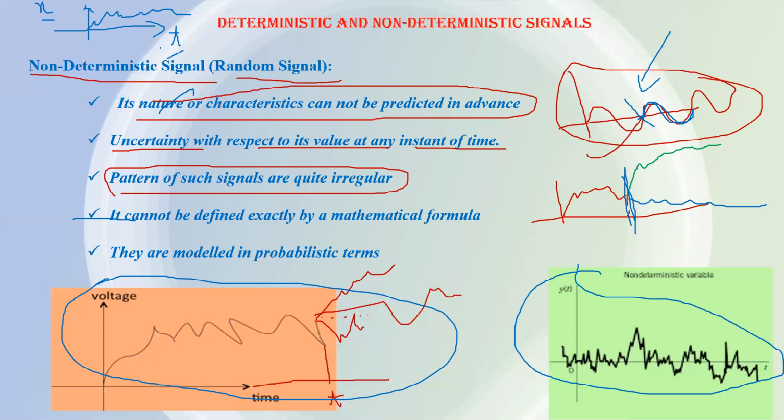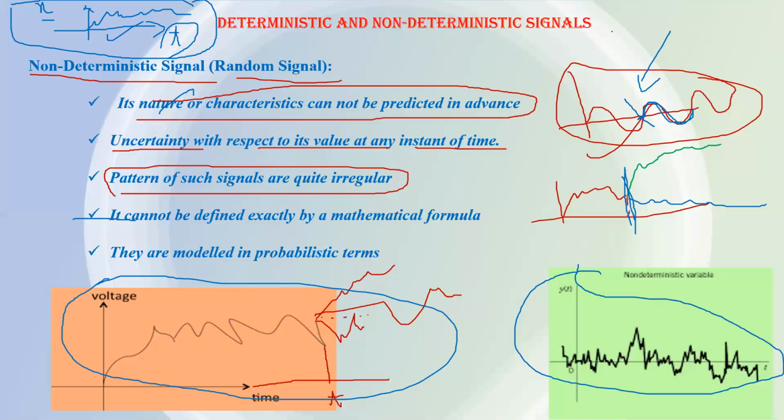You cannot write because you do not know the characteristics of such signal. Its characteristic is not predicted. Its nature is not predicted. So you cannot write any mathematical expression for such type of signal.